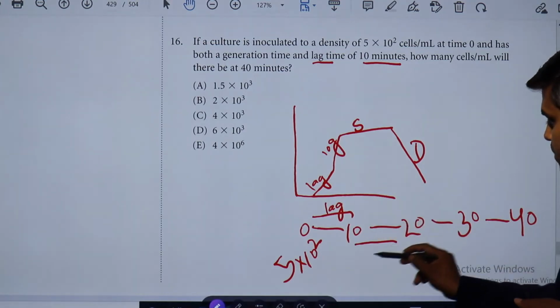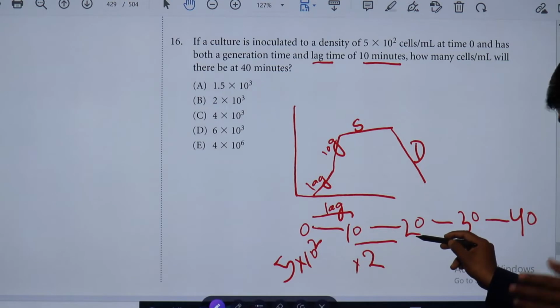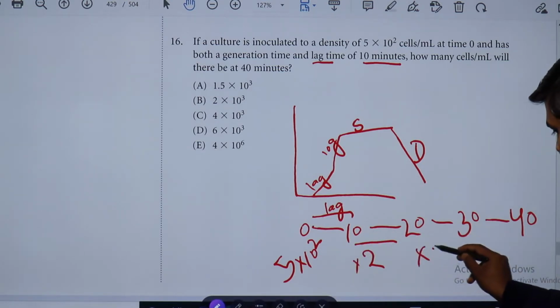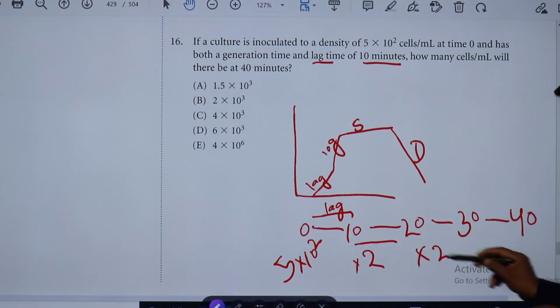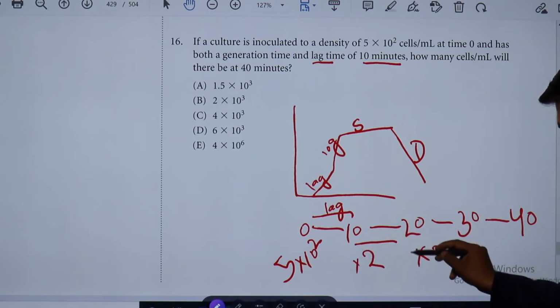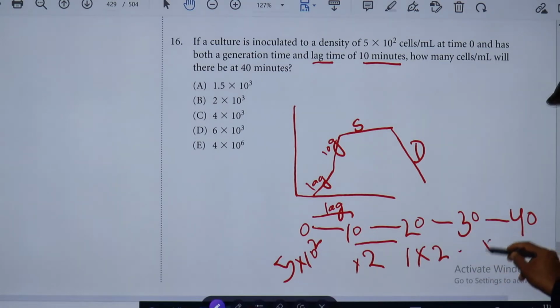The generation time is 10 minutes, so multiply by 2. At 20 minutes there will be twice this, and again from 20 to 30 minutes there will be twice again, and then again at the end of 40 minutes.